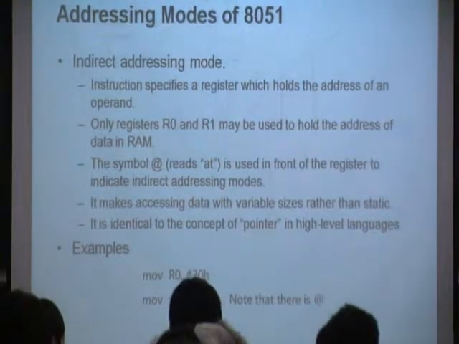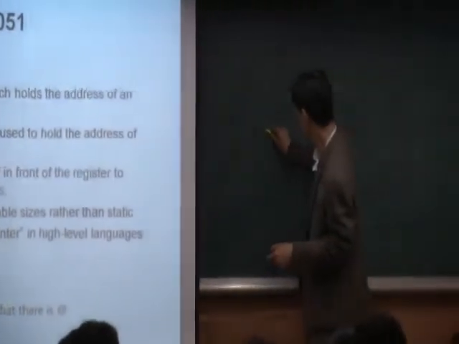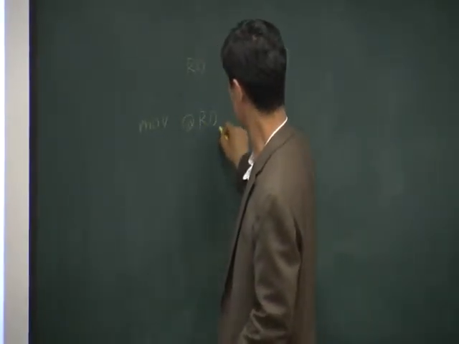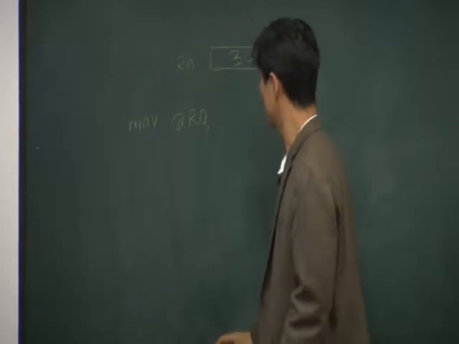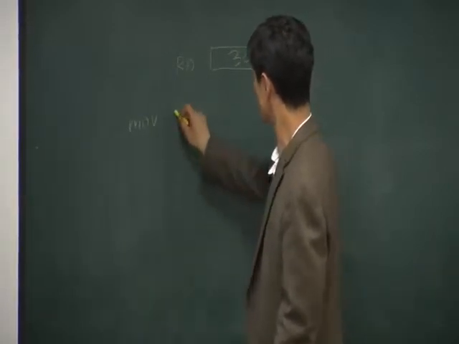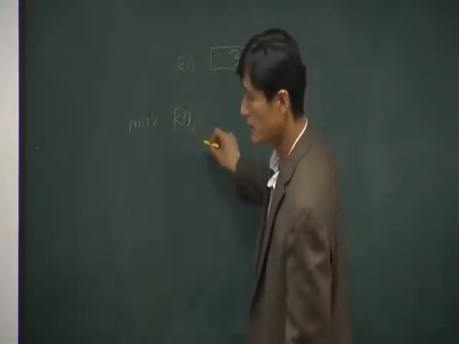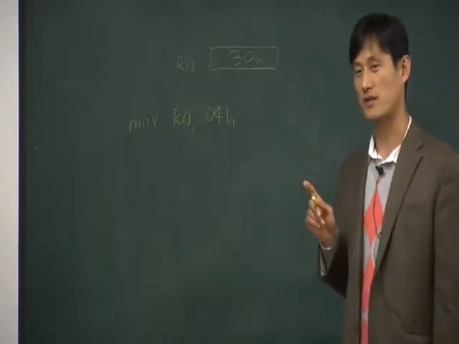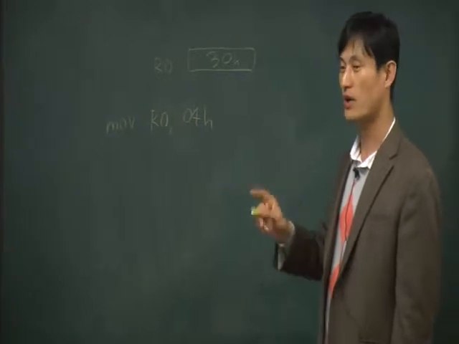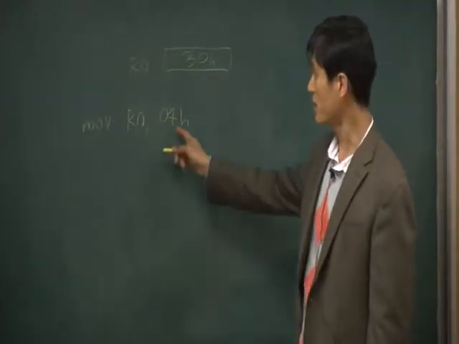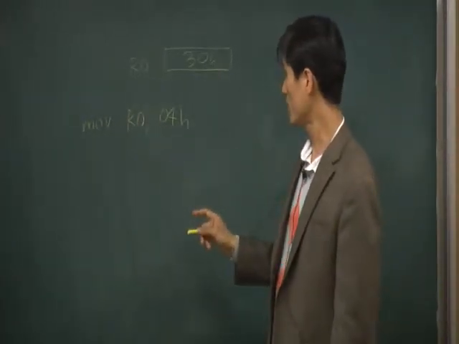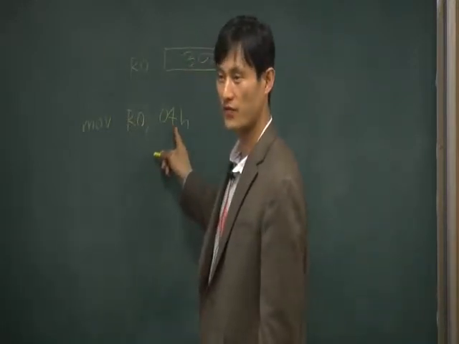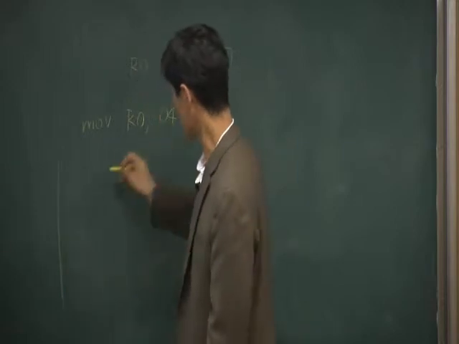Now let's see. Just to compare, let's look at this one first. Let's suppose that we have this instruction, which is direct addressing. If you do this, what happened is we read the value in 04. This is an address, right?